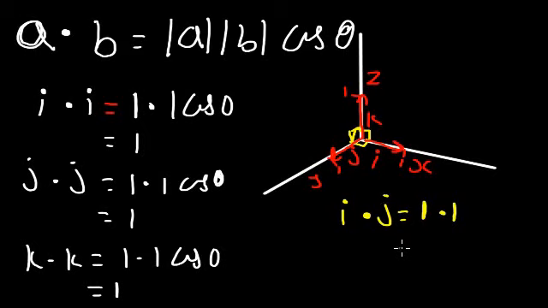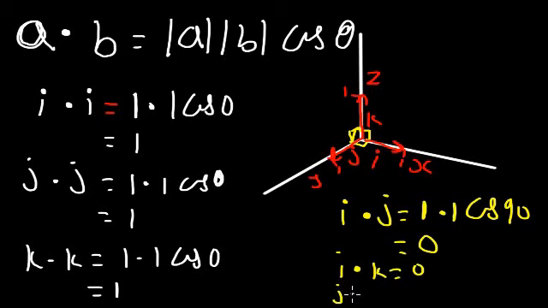But the cosine of 90 is indeed equal to 0. So eventually, i times j will be 0. This also applies to i times k, which will be 0. Similarly, j times k will also be 0, and k times j will be 0. Once you multiply two different unit vectors together, the result will be 0.